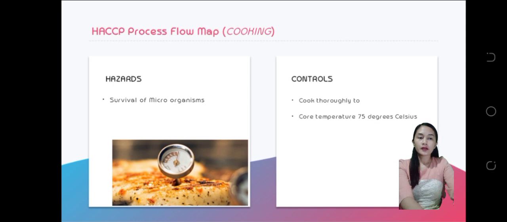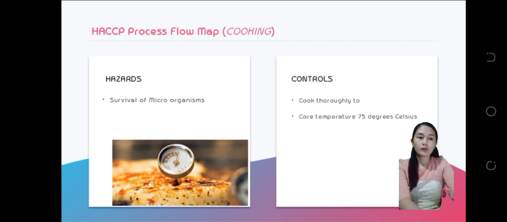While in the cooking process, the hazard is survival of microorganisms. So, ma-identify na to ang microorganisms in cooking a food. Present gyud ang microorganisms. Then, while in controls, cook thoroughly to a core temperature of 75 degrees Celsius to avoid microorganisms.